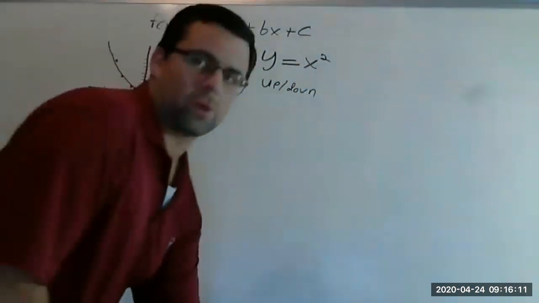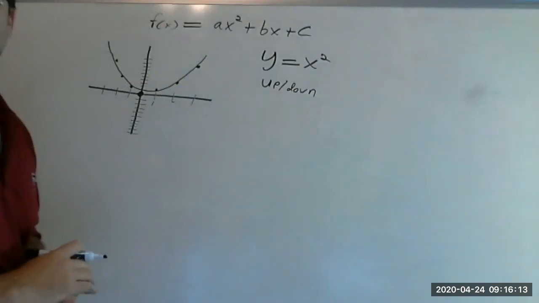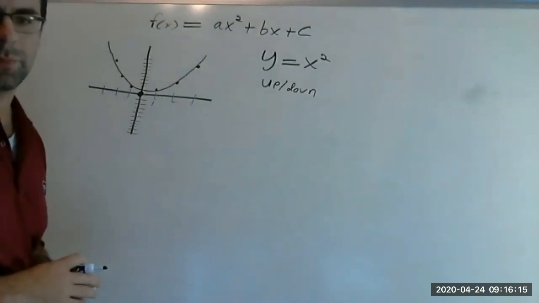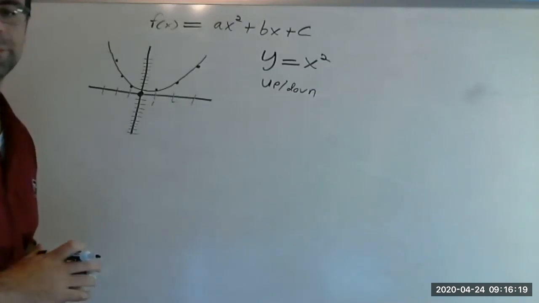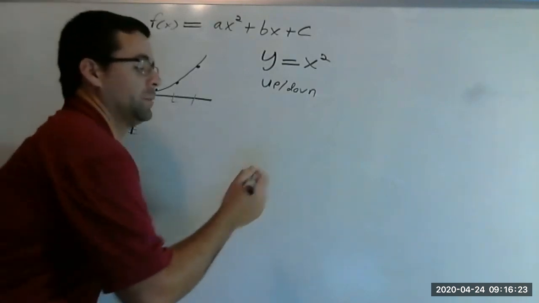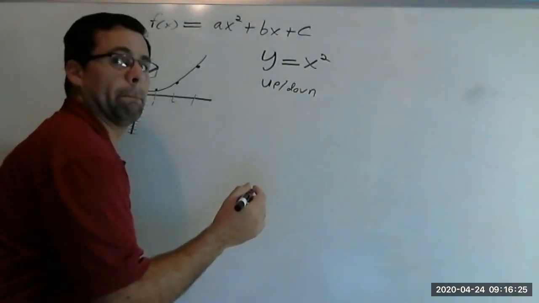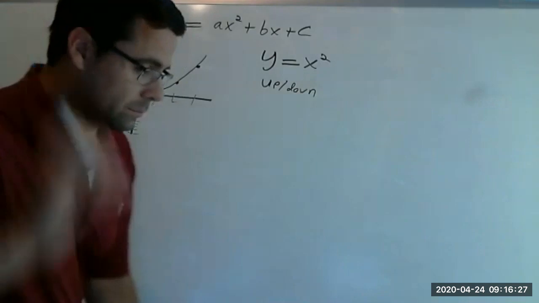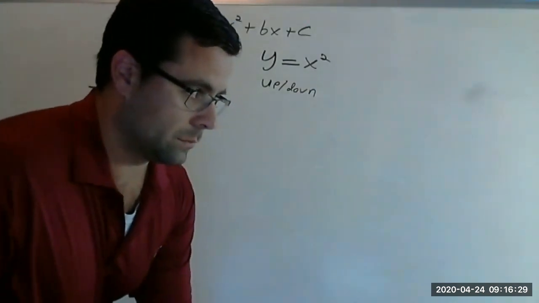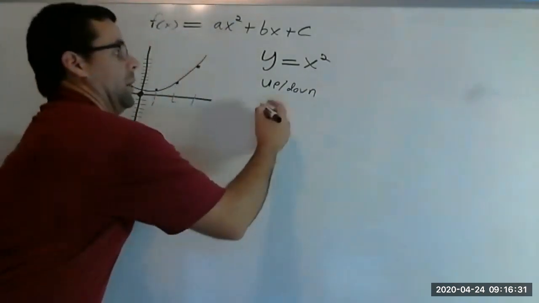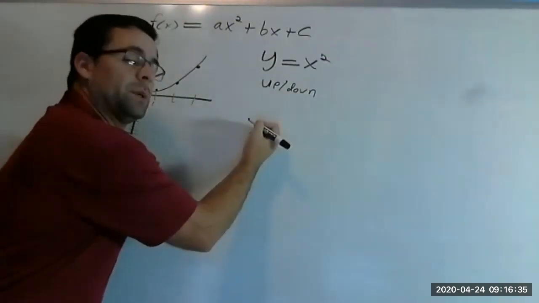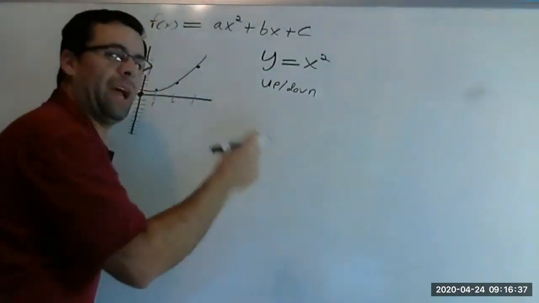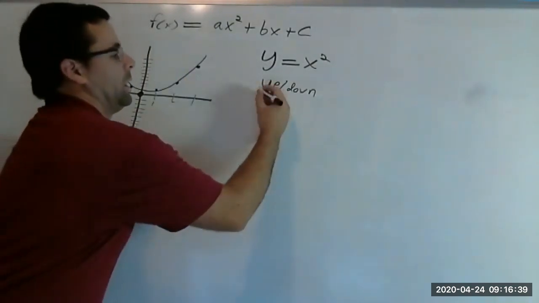Who can remember what we do to move it up or down? What do you have to do? Add something to the equation, or subtract something from the equation. Kind of. It's very specific about where you add it or subtract it.